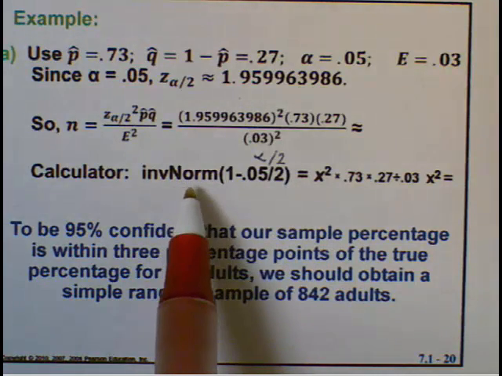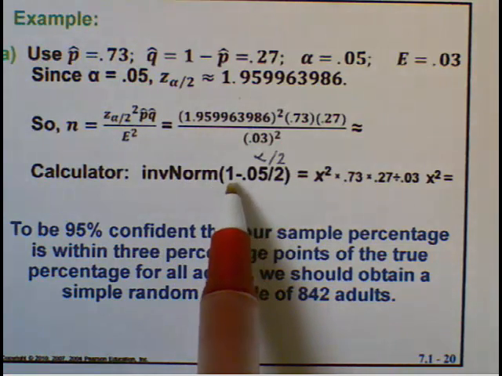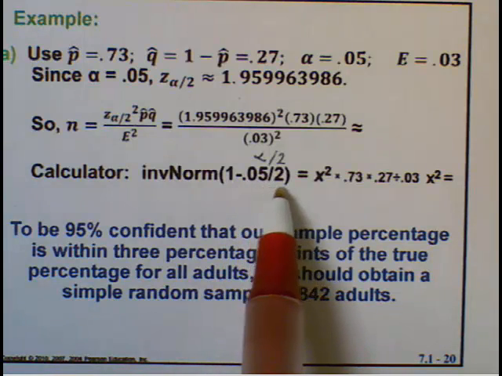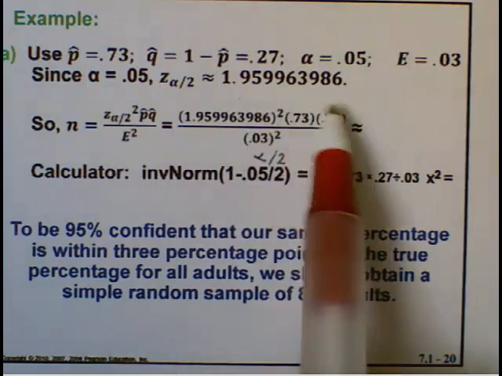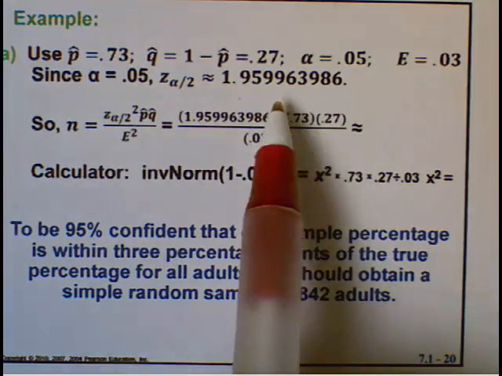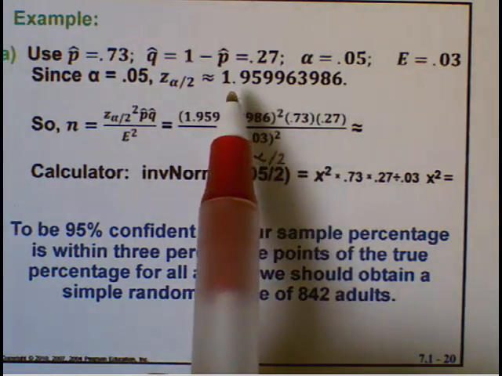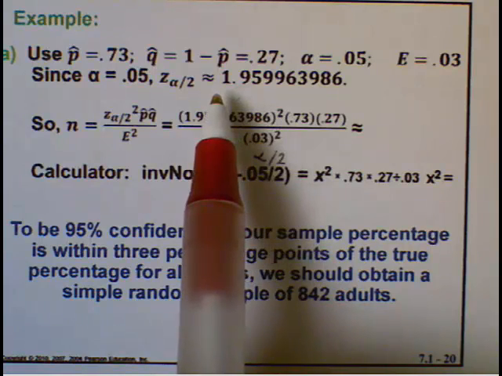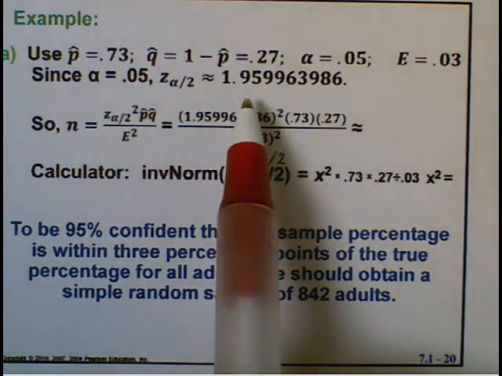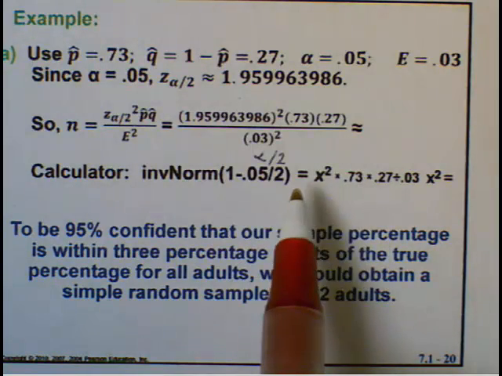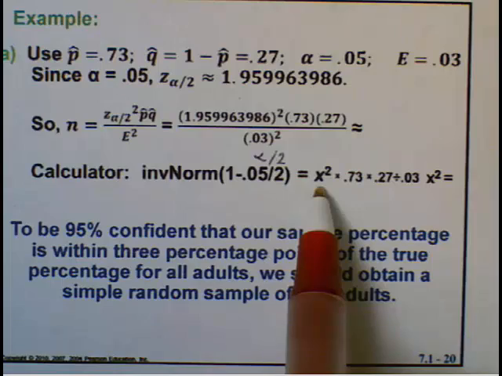When I type inverse norm 1 minus 0.05 divided by 2 equals, this entire number shows up on my calculator, but rather than rounding it or writing it down and typing it all back in, I'm just going to keep going and square that number.